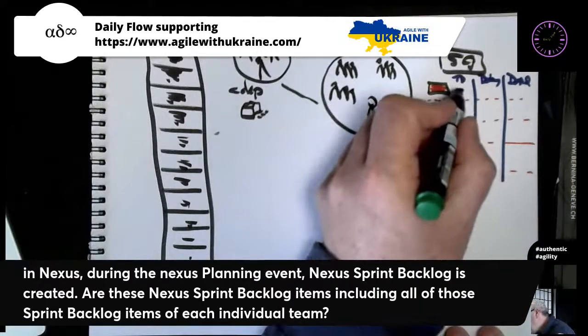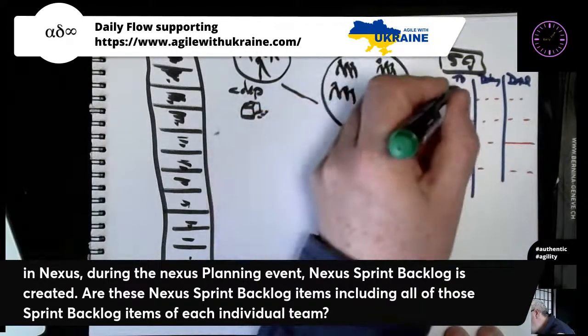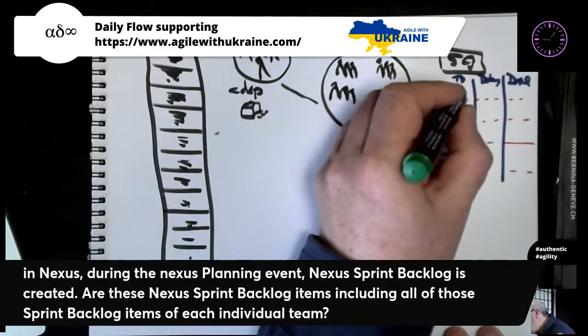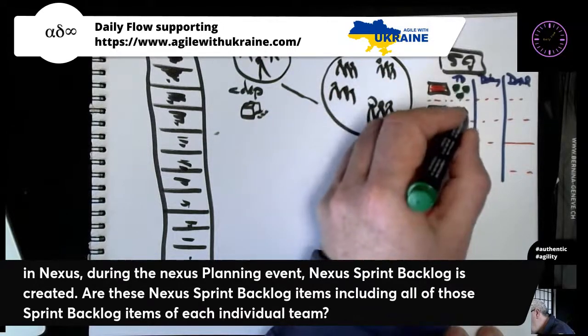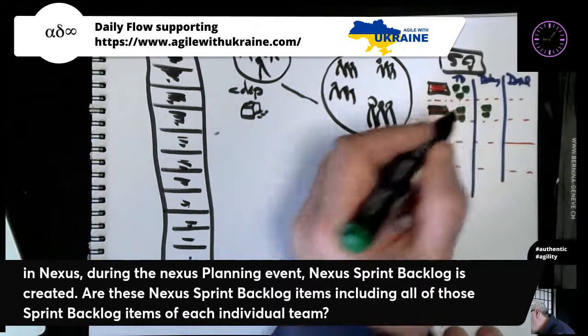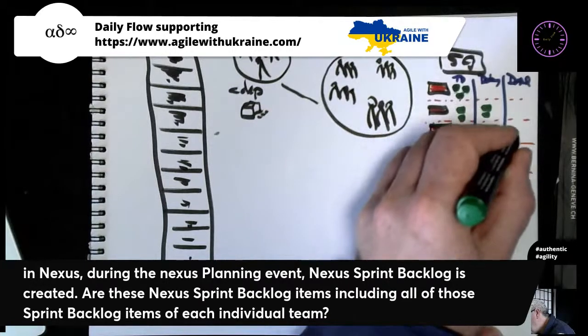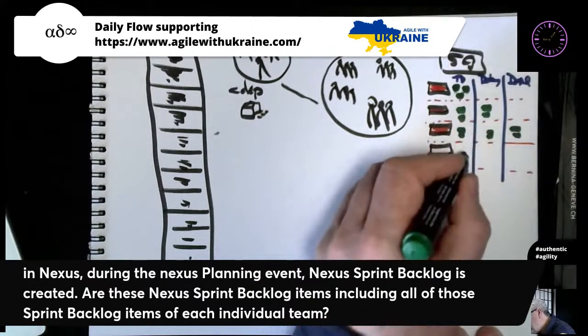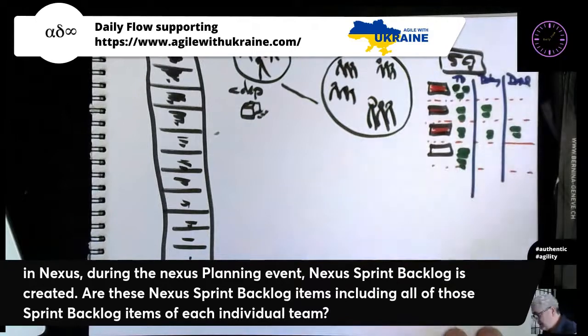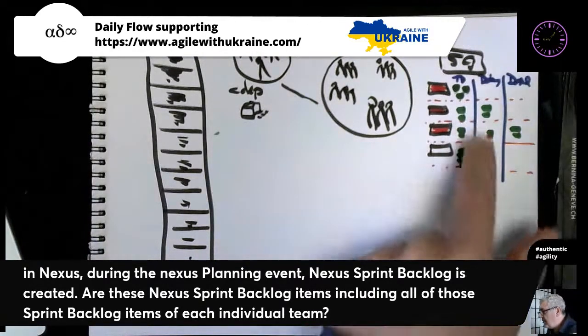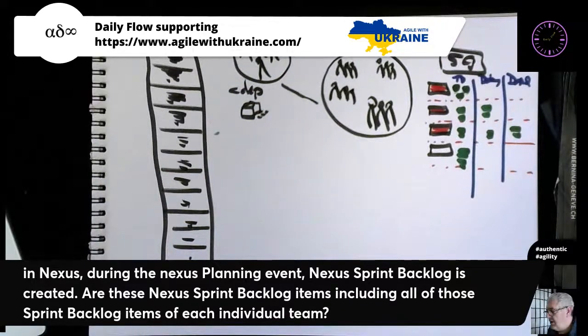So at the start of a sprint, all of these tasks would be in the to-do column, but then during the sprint, some of them go into doing, and there might even be some of them done, and maybe there's nothing ready on the last one. So a normal sprint backlog would typically look like this. You don't have to do task breakdown, you might do some other way, but that's the most popular approach.